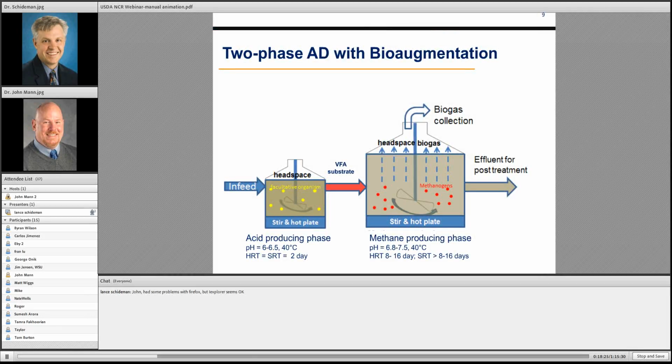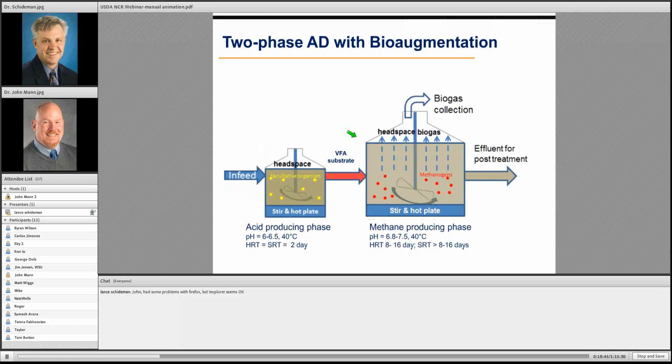So in order to make the most out of our bioaugmentation system, we went with what's called a two-phase anaerobic digester, where we separate the acid-producing reactions in the first phase over here from the methane phase reactions.